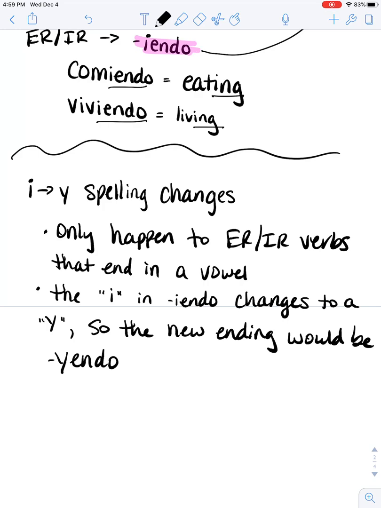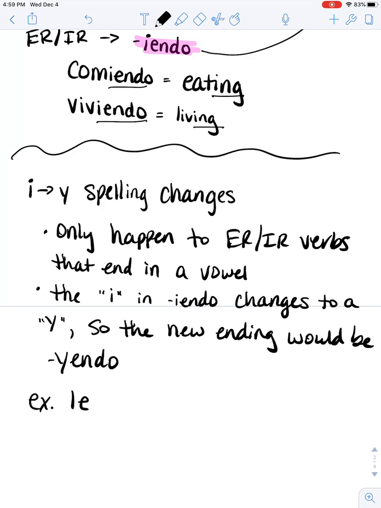All right, the biggest example and the most common one that you're going to come across in your Spanish career and continuing on is going to be the verb leer. All right, we know that means to read. All right, so hear me out. If we did this the regular way and take off that ER, you see we're left with a vowel.